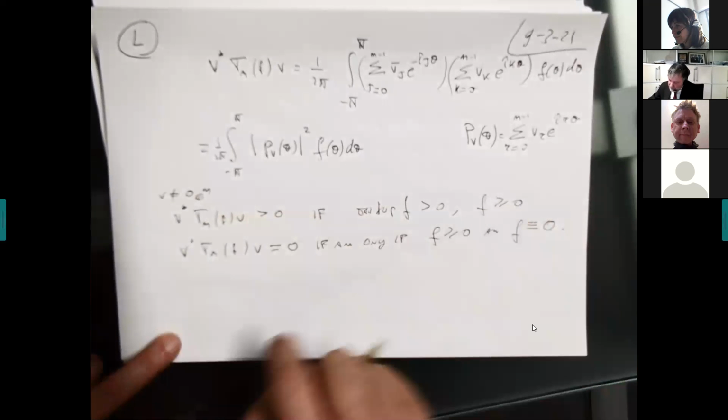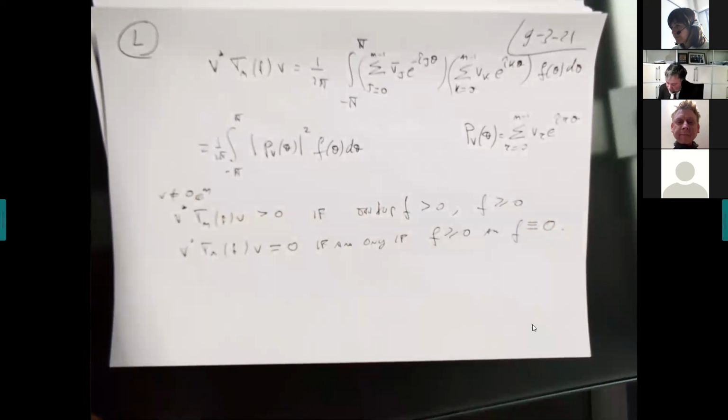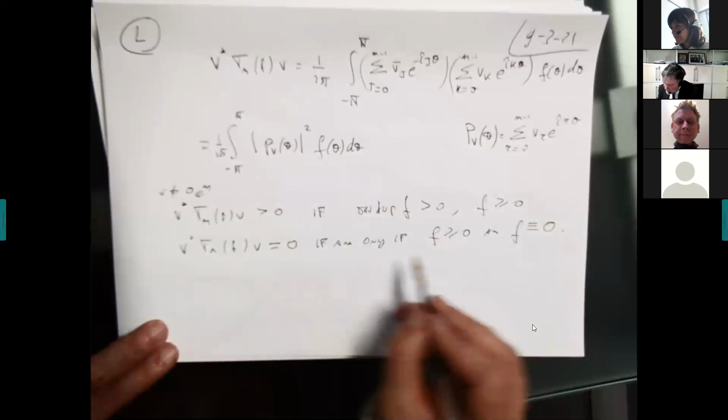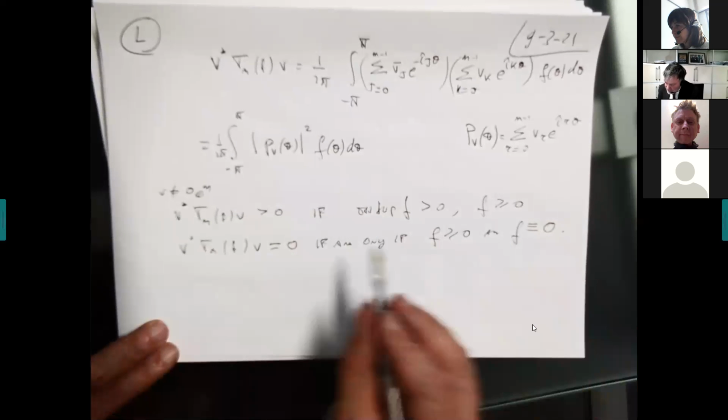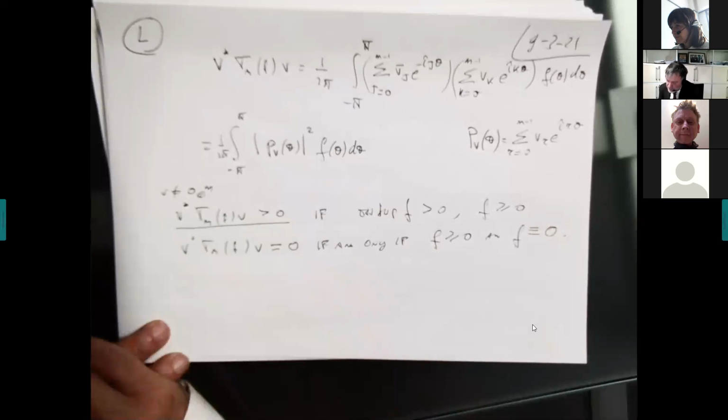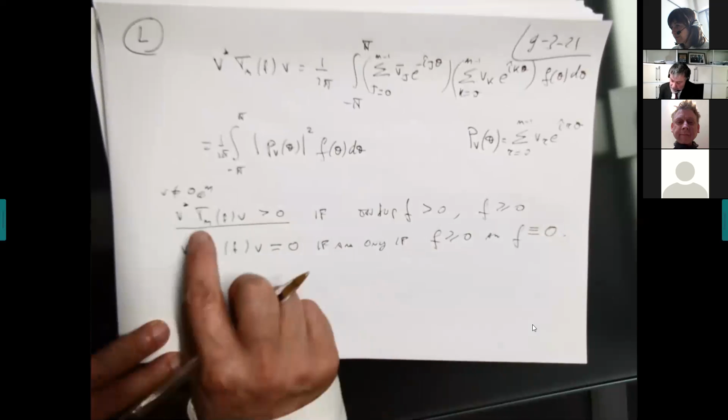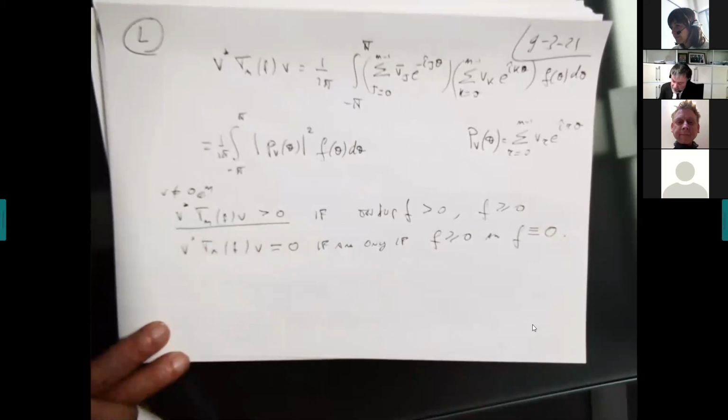So if you put the assumption outside that f is non-negative, this can be 0 only when f is identically 0, otherwise the matrix T_n(f) is strictly positive definite, because this Rayleigh quotient is strictly positive. Okay?